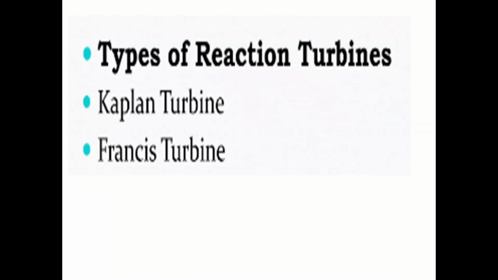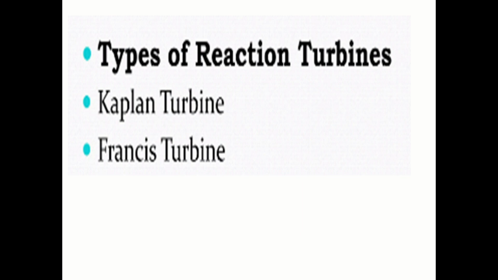Now, types of reaction turbines. Basically, there are 2 types. One is the Kaplan turbine and the other one is the Francis turbine. All of you have to remember these 2 types. Based on the energy, the turbines are 2 types: one is the impulse turbine and the other one is the reaction turbine.